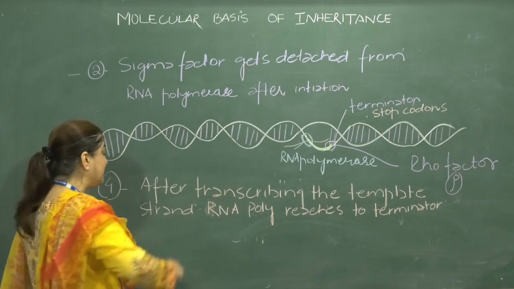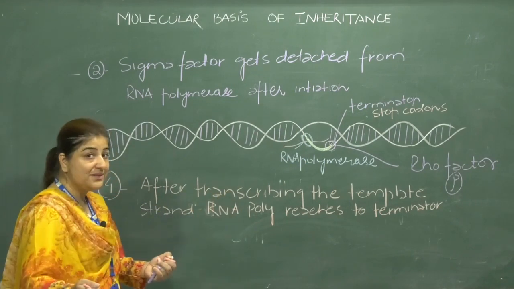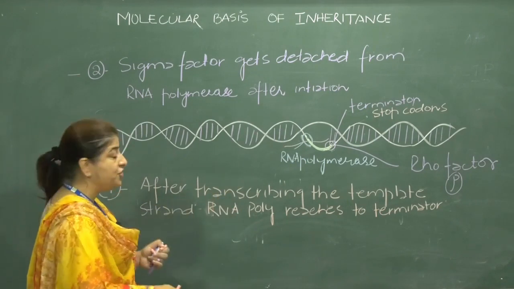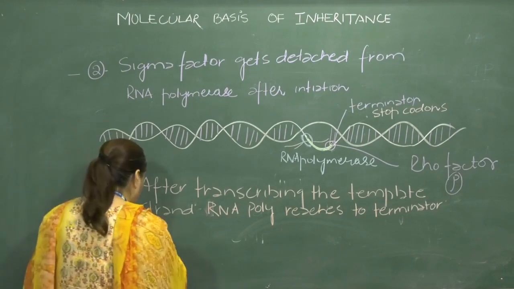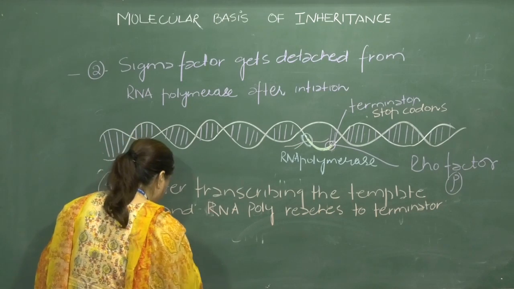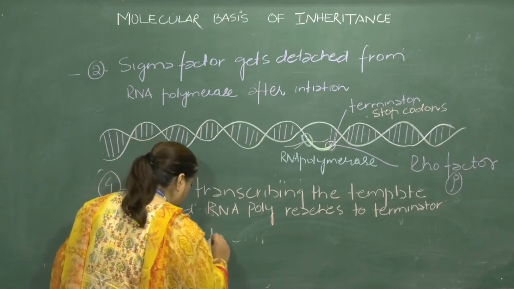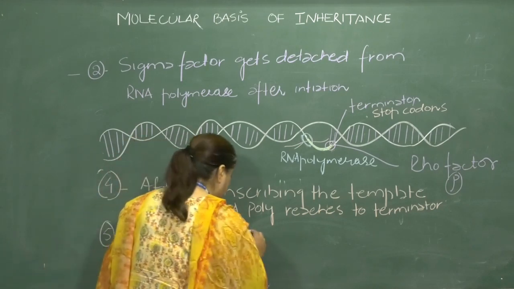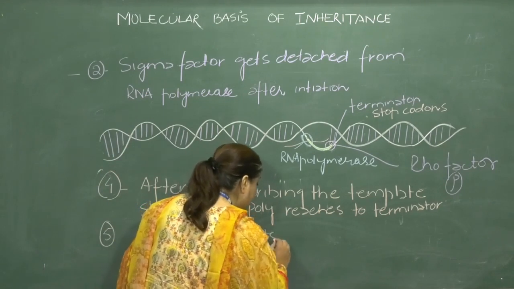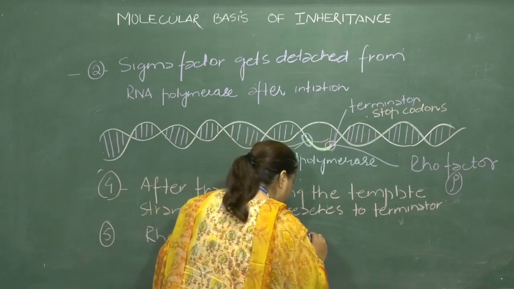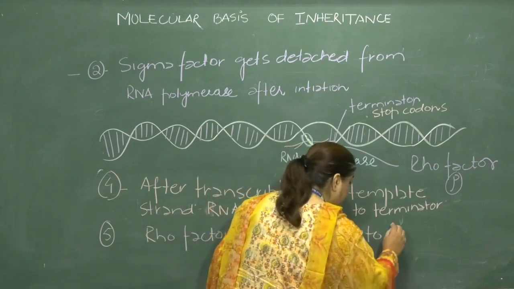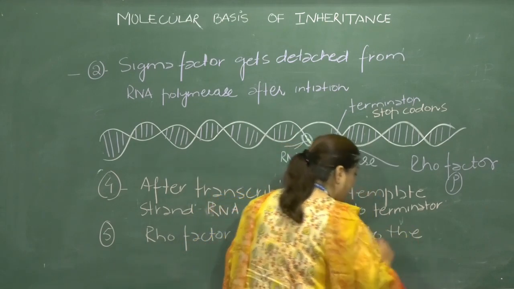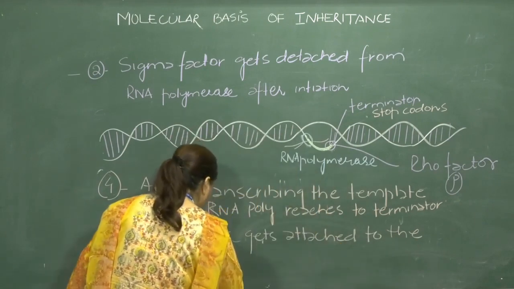So after transcribing the template strand, RNA polymerase reaches the terminator region, and the rho factor gets attached to the core enzyme of RNA polymerase.